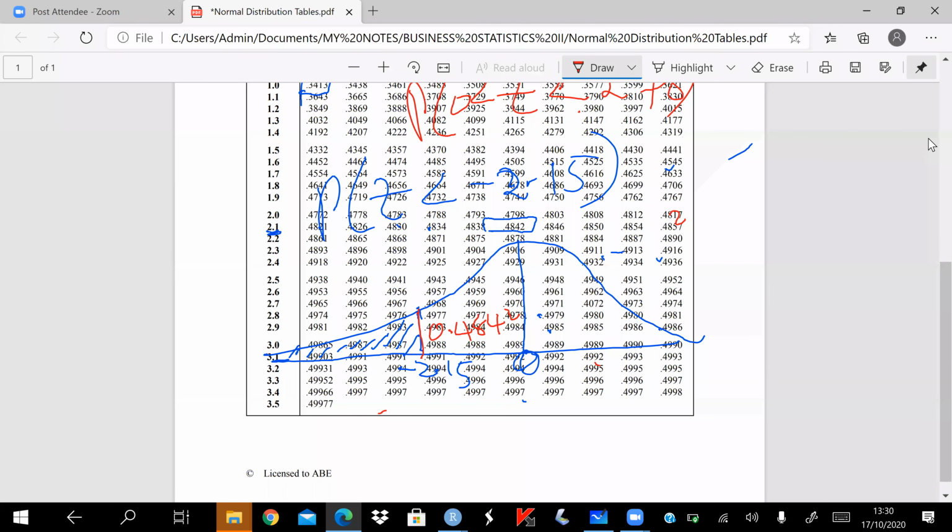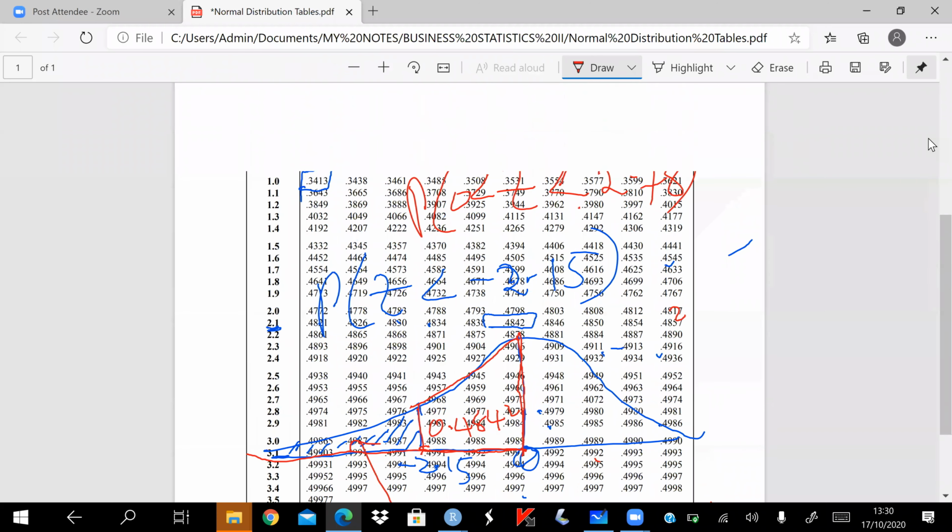And we know the area from here all the way to minus infinity is 0.5. So the area shaded in blue will be 0.5 minus 0.4842, which is 0.0158, and so on and so forth.